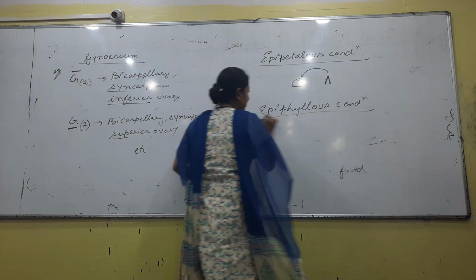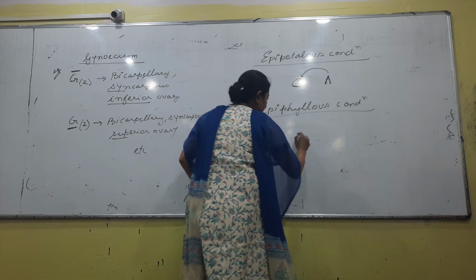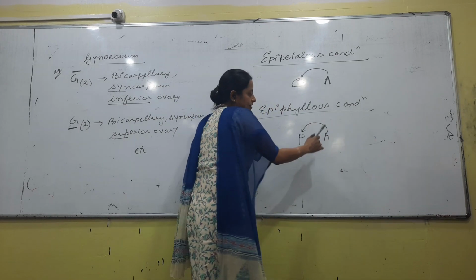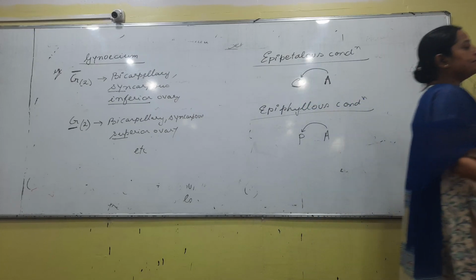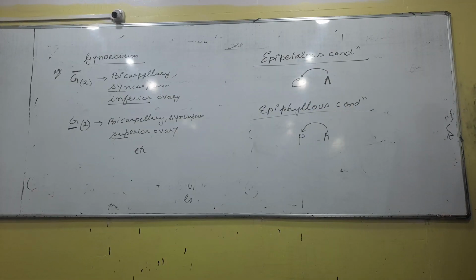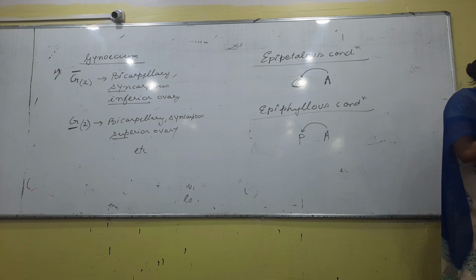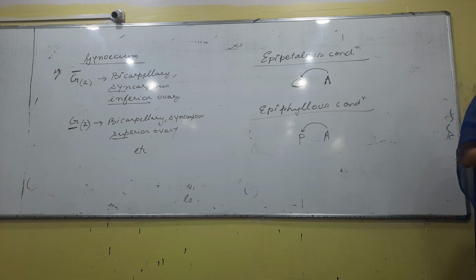Another condition, epiphyllous. Again, since we are writing A, we are talking about the stamen or the androecium. P denotes perianth, right? So if you are talking about perianth, it's a characteristic of generally the monocots, right?